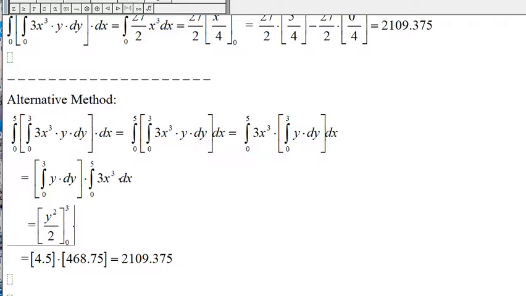And then times this integral, which will be 3x to the fourth divided by 4, evaluating from 0 to 5. When we evaluate this expression here from 0 to 3, it will be 4.5.